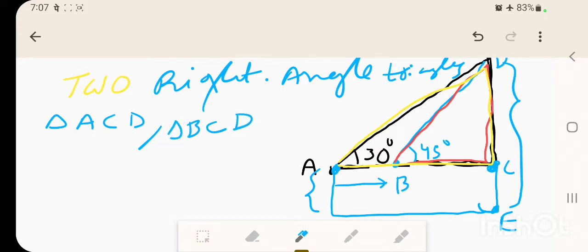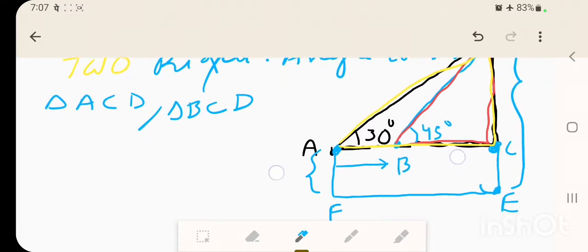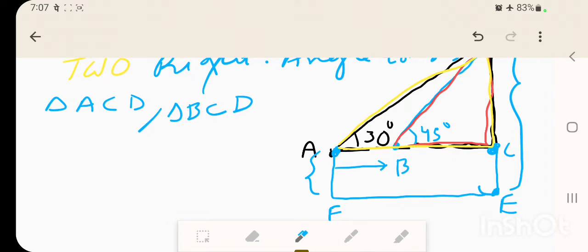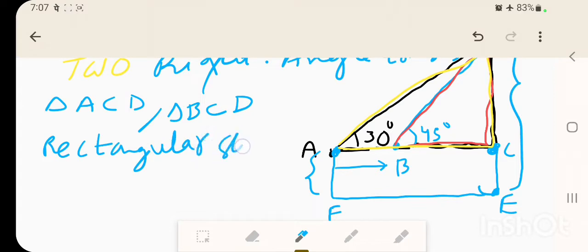So these two are the right angle triangles which we have. And if you observe, we even have a rectangle here, that is ACEF, a rectangular shape.